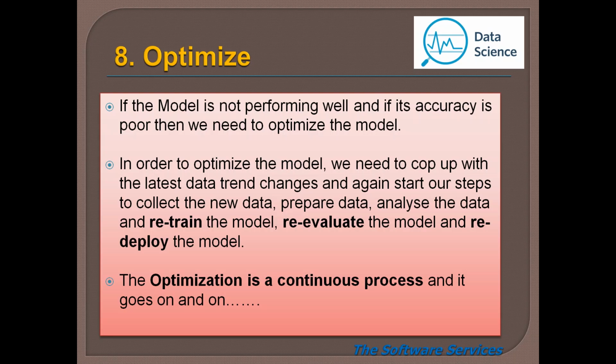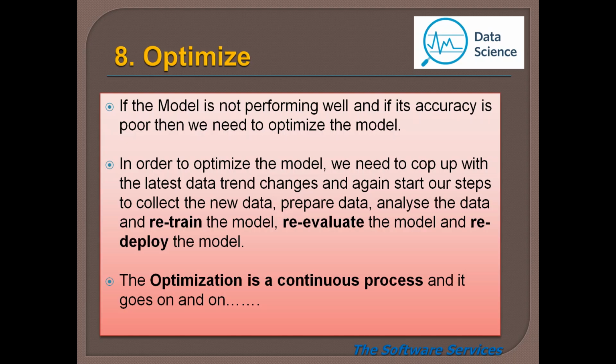And then the third stage is data analysis. We need to analyze the data and the relationships, and select the proper data and the proper algorithm to model. And then the fourth stage is model building, where the actual model will be trained by feeding the data, so that the model will learn from the fed data and then it will come up and predict the outcomes.